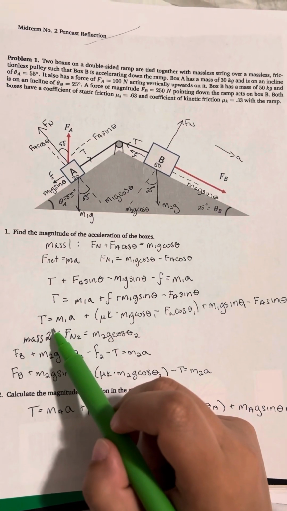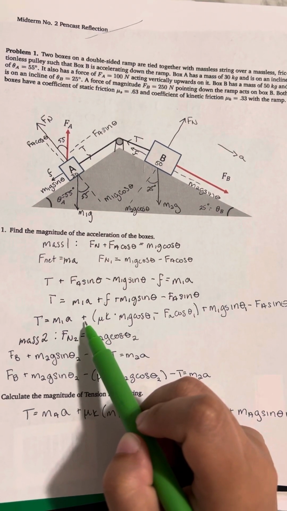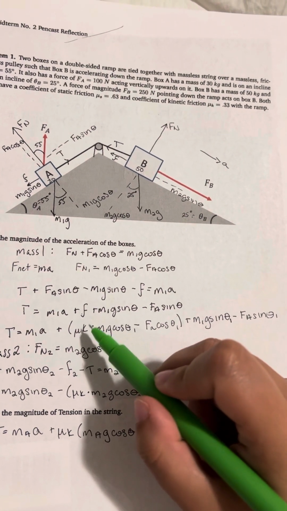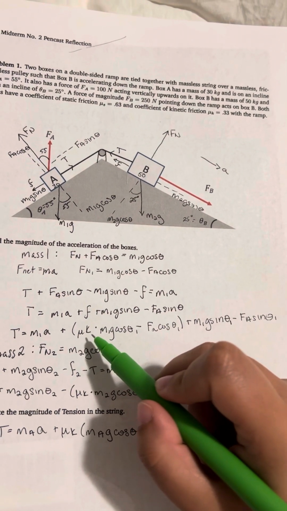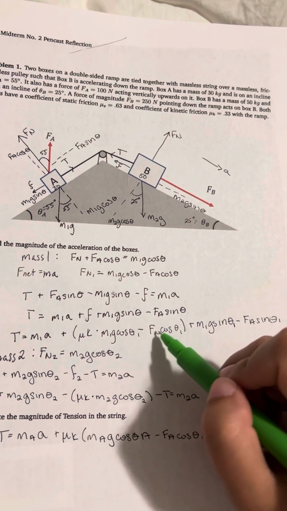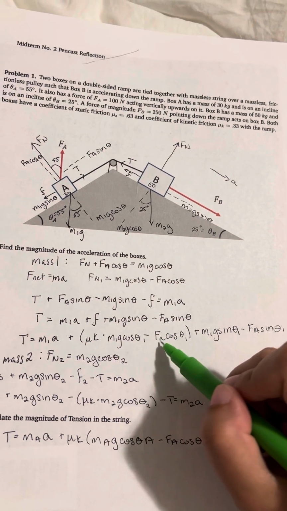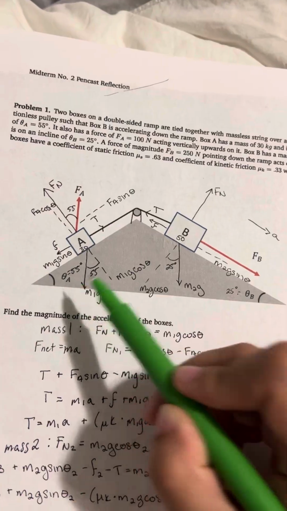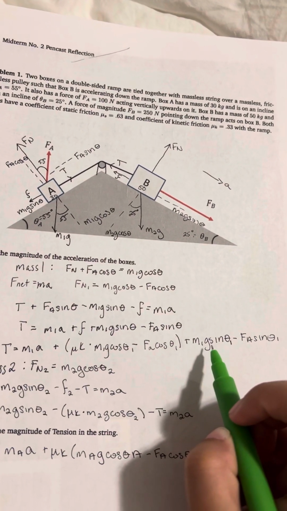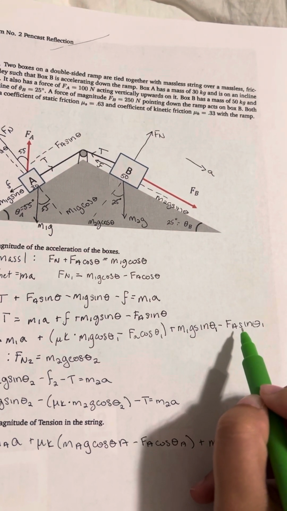And then T equals m1a plus, for the friction force, we have mu k times m1g cosine theta minus Fa cosine theta, and the thetas are all 55 degrees for side A, plus our m1g sine theta minus Fa sine theta.